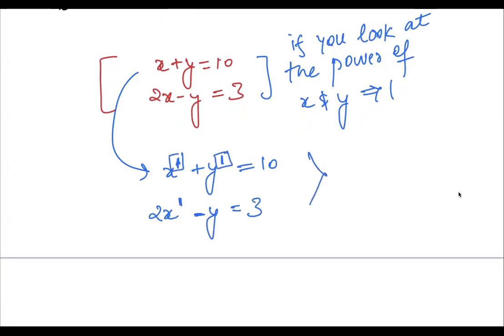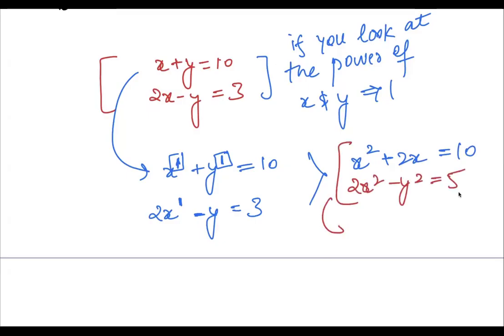If it was something like x square plus 2x is equal to 10, or 2x square minus y square is equal to 5, then this is no longer linear, because the power has now become 2.